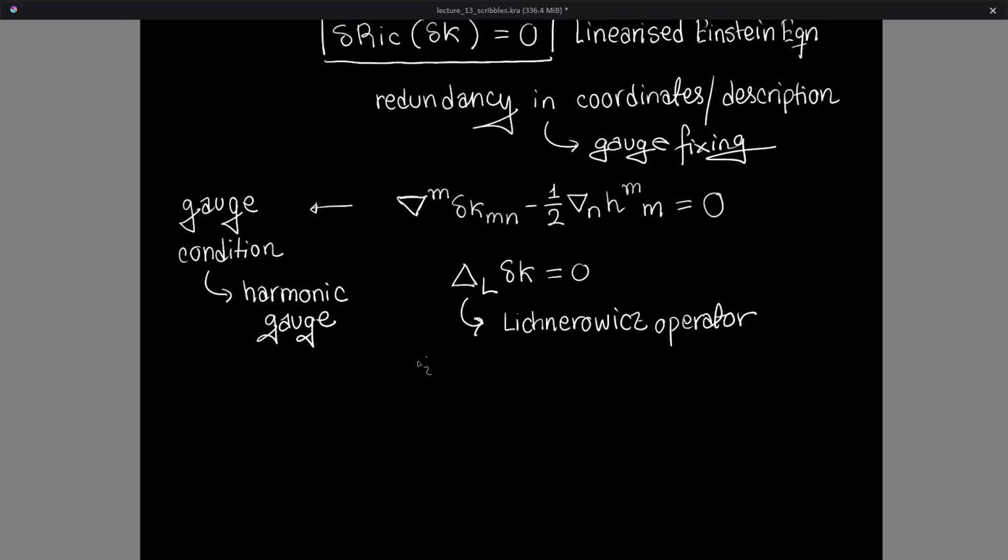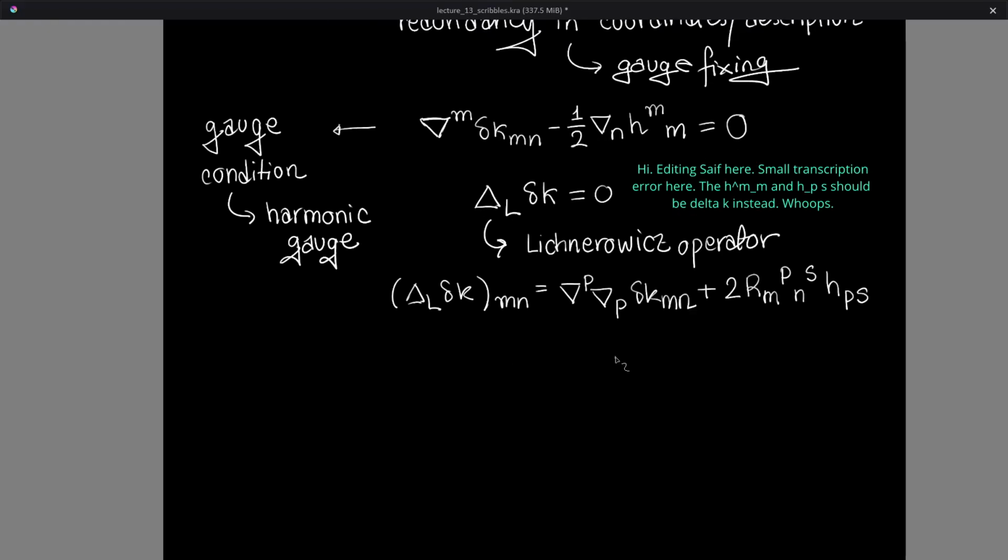The way the Lichnerowicz operator acts is delta L of delta k is equal to, let's say, mn. This is the Riemann tensor, or the components of the Riemann tensor. So this is going to be, I'm translating it on the fly, m. So that's how the Lichnerowicz operator acts.